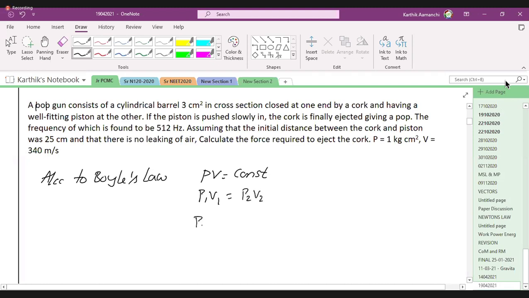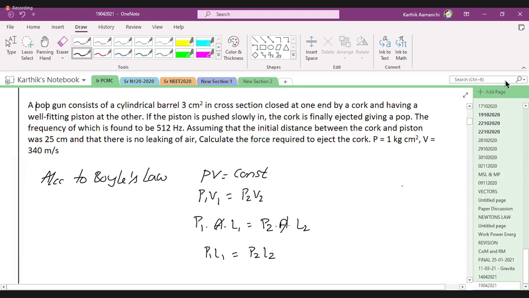So P1 L1 is equal to P2 area into L2, right? So L2 I need. L1 is 25.